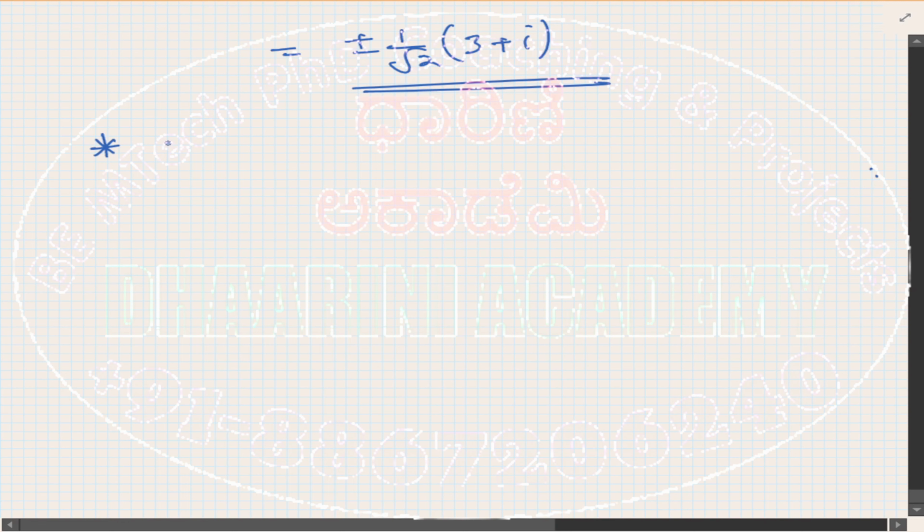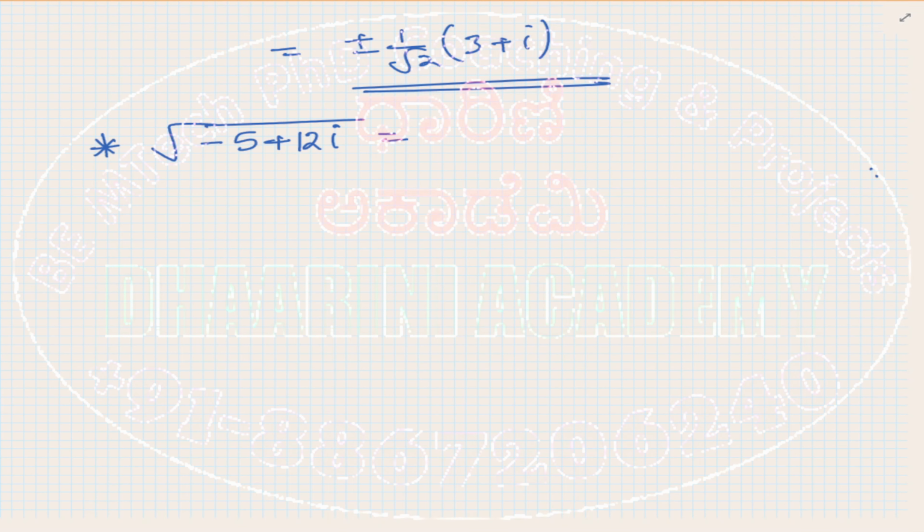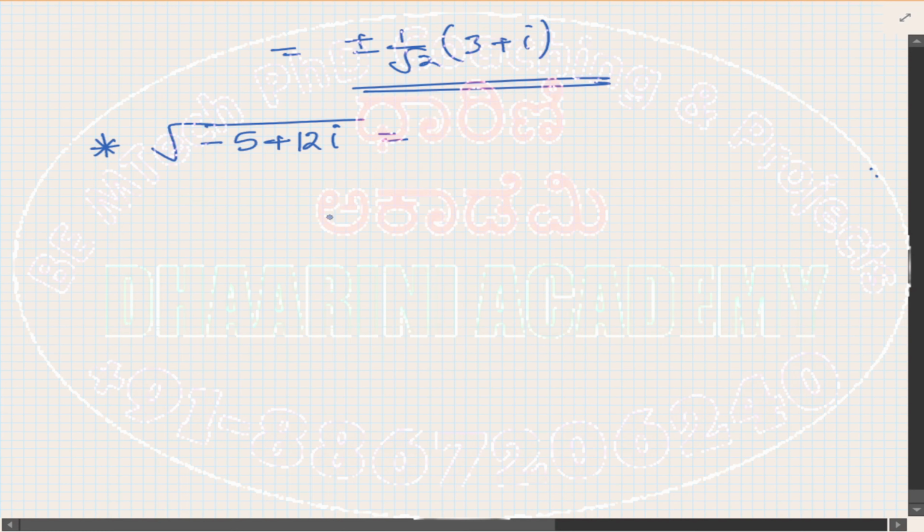This is find the square root of minus 5 plus 12i. So you say a is equal to 2 root 2 by root 2, correct? The root 2 root 2 cancel, it's just 2. That's correct.